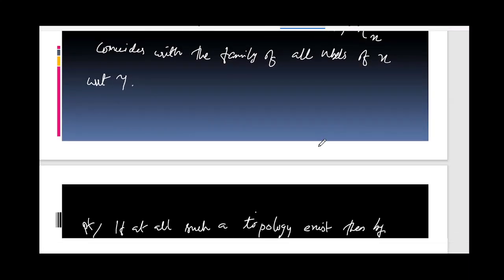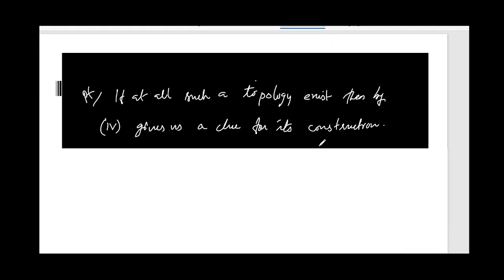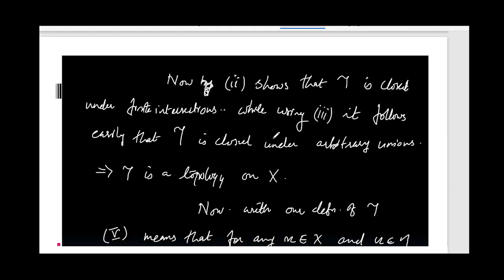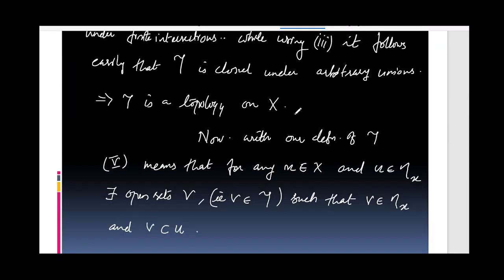That means you are taking the collection as the sets which have that property, that is, U subset of X such that U belongs to Nx for all x belongs to U. Now we will claim that this is a topology. For that we will show that the empty set and X belong to this collection. Next, we will show that this collection is closed under arbitrary union and finite intersections. Using that property, we will show that this is a topology.